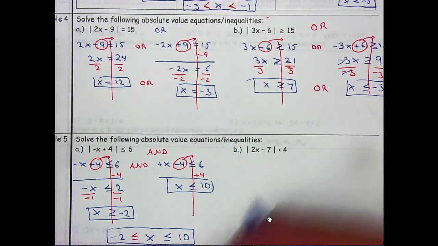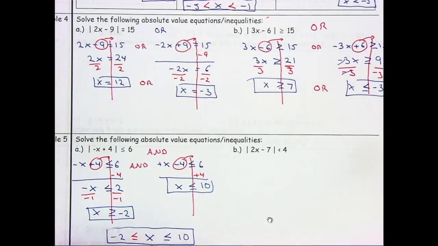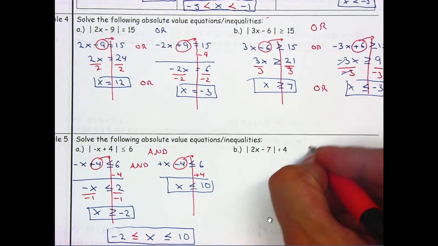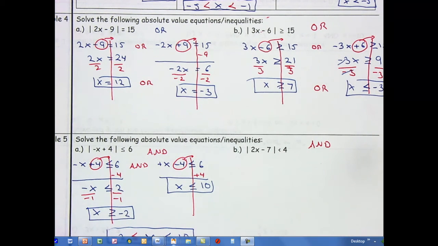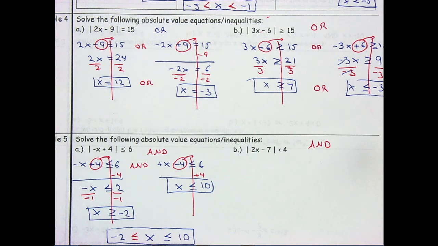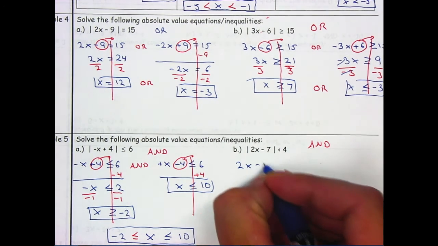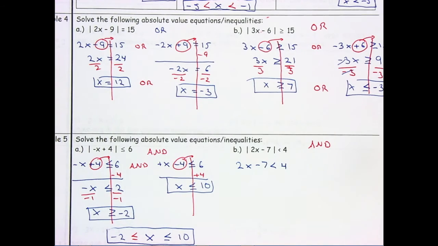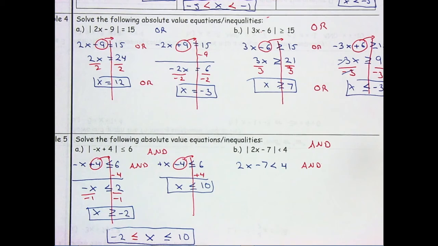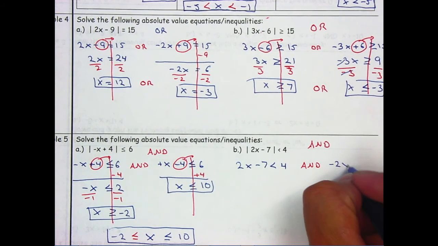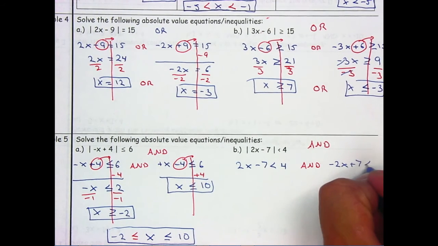For letter B, it's less than, so this will be an AND. That means that once you finish, you're going to have to connect it. And also, if you graph it, the graph will be connected as well. We have 2x minus 7 is less than 4. And negative 2x plus 7 is less than 4.